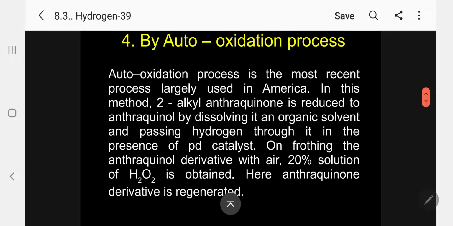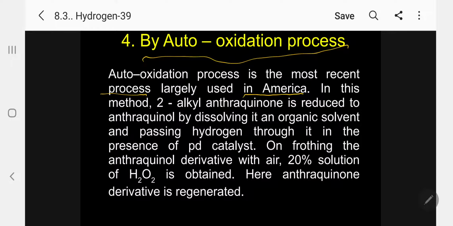And the fourth method is the auto-oxidation process. The auto-oxidation process is the most recent method, largely used in the USA.